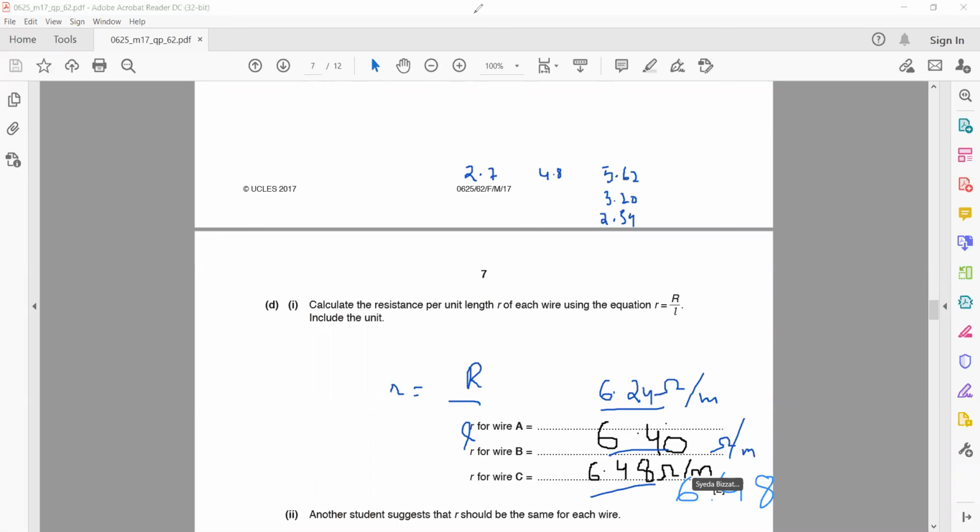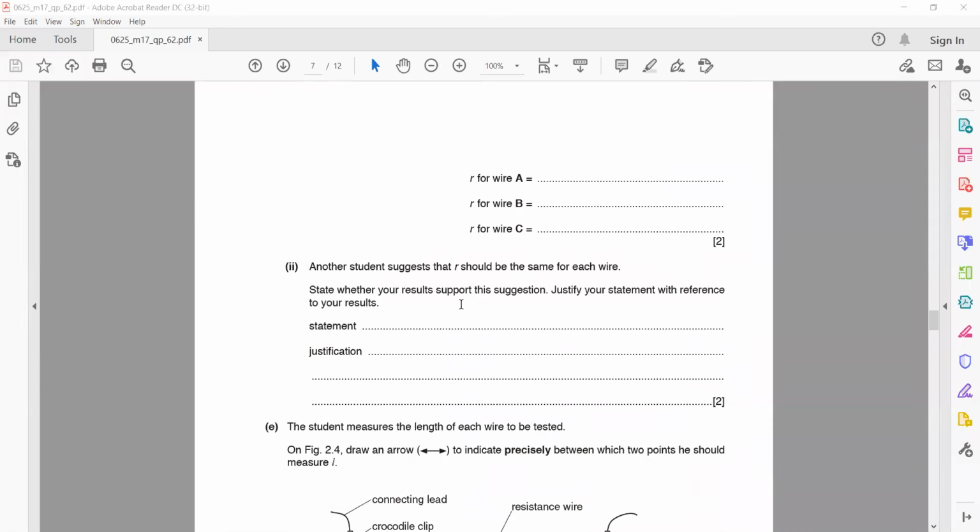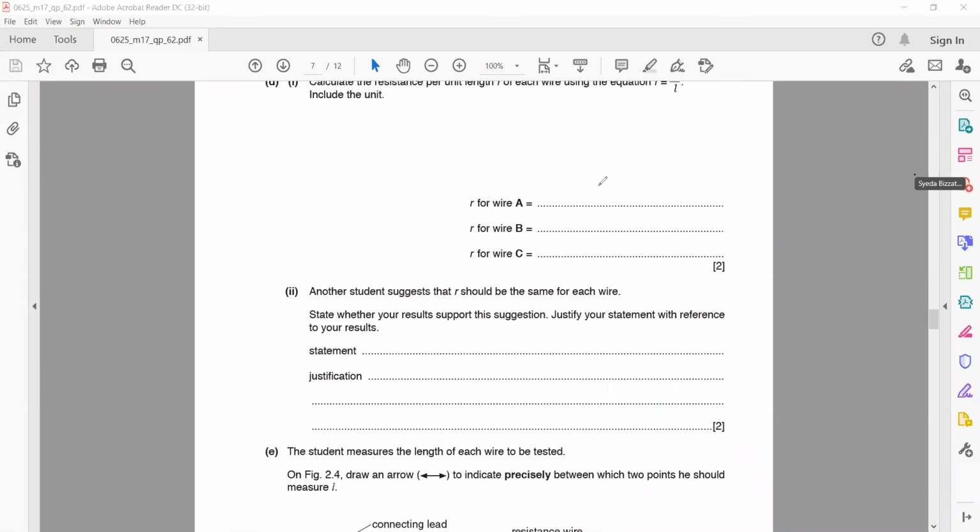Now in the next part, they're asking, another student suggested that R should be the same for each wire. Like the first value of R was 6.24, the second value of R was 6.4, and the third value of R is 6.48.